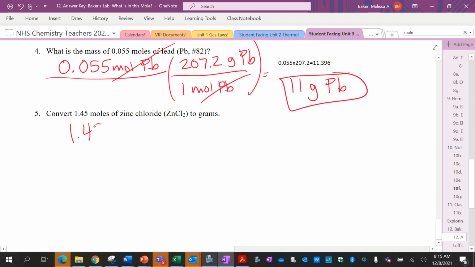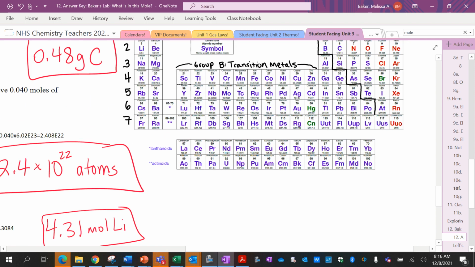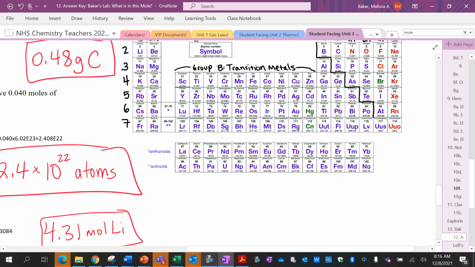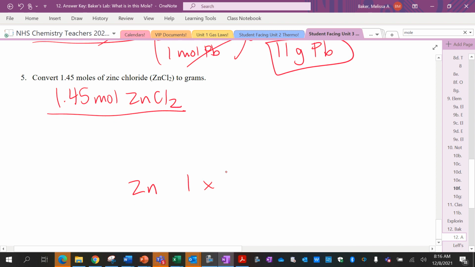Convert 1.45 moles of ZnCl2 into grams. First I have to go down here. Zinc, there's just 1 zinc, and the molar mass of zinc is 65.38. And then chlorine, there's 2 of them, and it's 35.45.